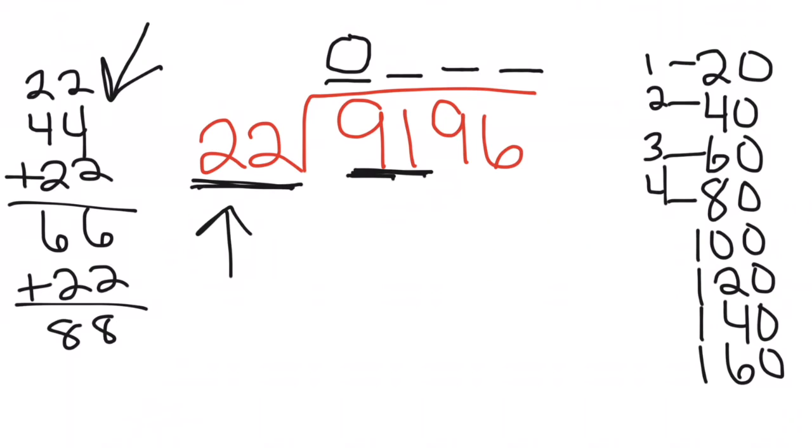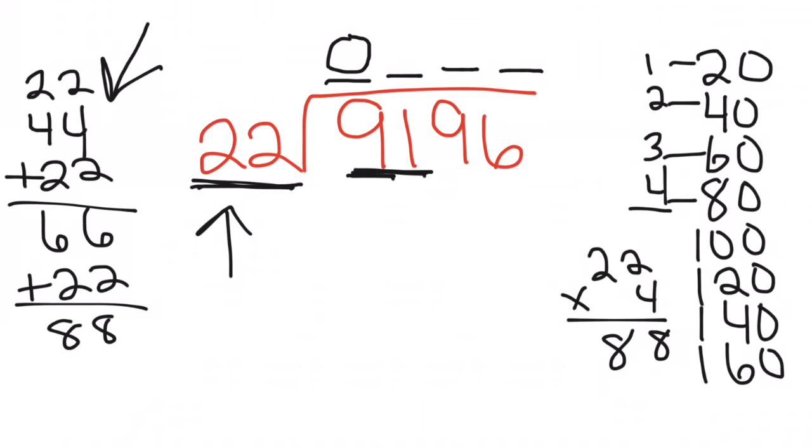So I don't know what 4 multiples of 22 is, but I'm pretty sure, because 80 is close, that it's going to be right around 80. So I'm going to go over to the side, and this is a little bit of guessing and checking that comes in. I'm going to say 22 times 4, because remember we said 4 multiples, 22 times 4, and that is the same as 88. Now, it just so happens that I guessed right this time.